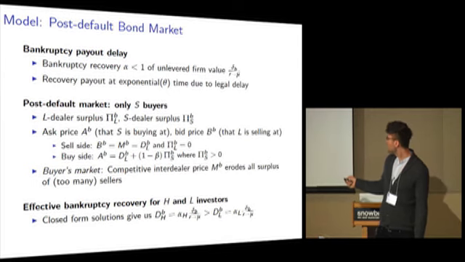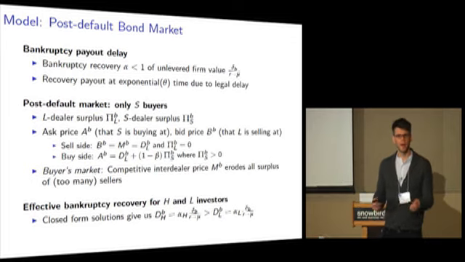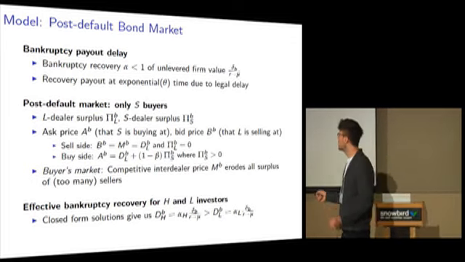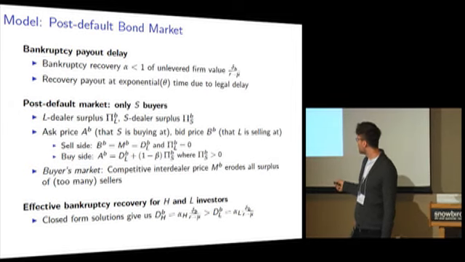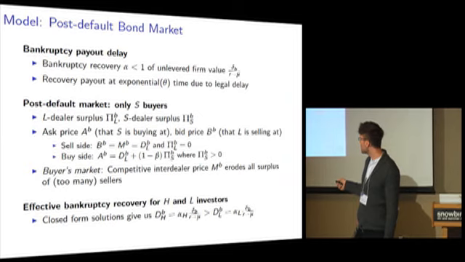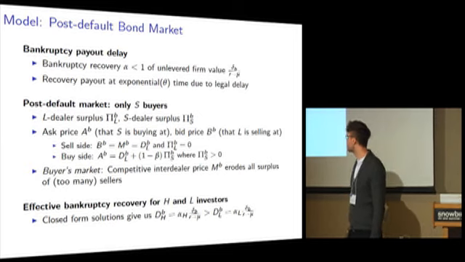So the S types are going to get part of that surplus, and the dealers are going to get part of that surplus. And so we can essentially solve for the ask price and the bid price just via the Nash bargaining formula. So the ask price is essentially the valuation of the low type plus some bit of the surplus, and the sell side, the bid price, is just going to be the valuation of the low type.